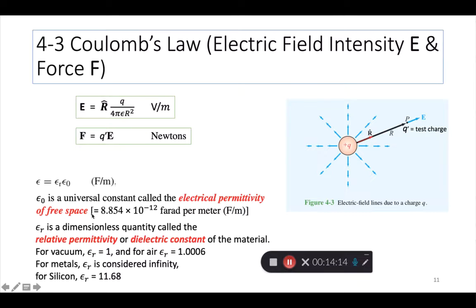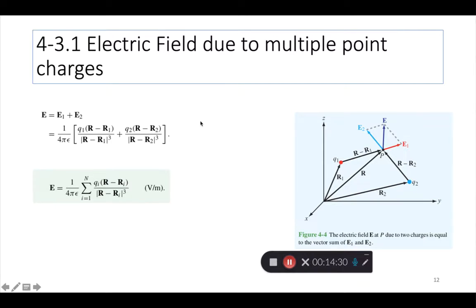Remember this value of epsilon 0, because we'll use it quite a bit: 8.85 times 10 to the power minus 12. So basically Coulomb's law tells you what force is experienced by a charge in an electric field. Before you can calculate force, obviously you need to find the strength of the electric field.